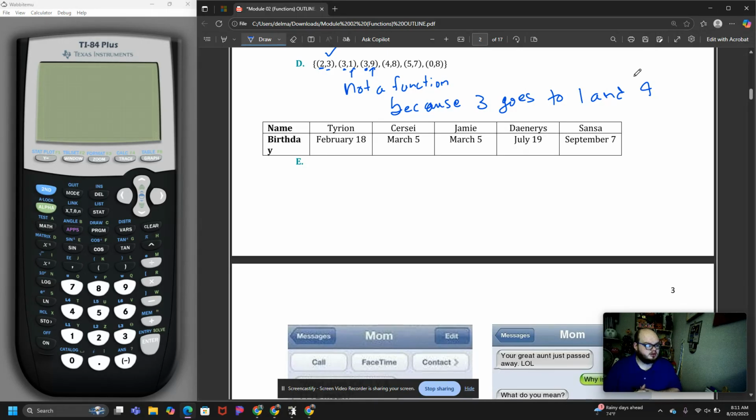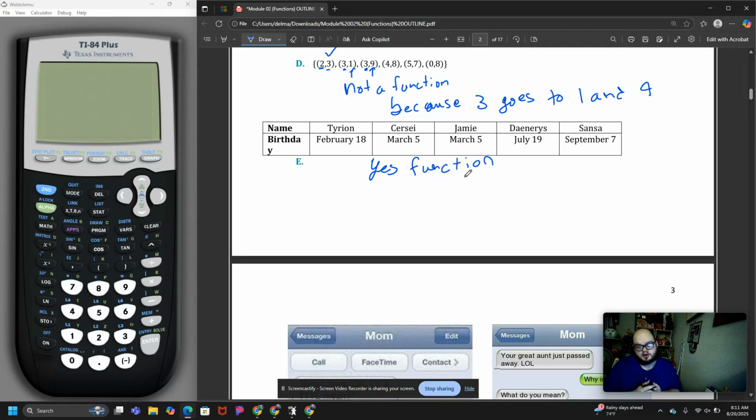Alright, so let's look at this one here. It looks like it's going okay, right? I don't see it arguing that one of these persons has 2 birthdays, right? So every person has only 1 birthday. So yes, it's a function.